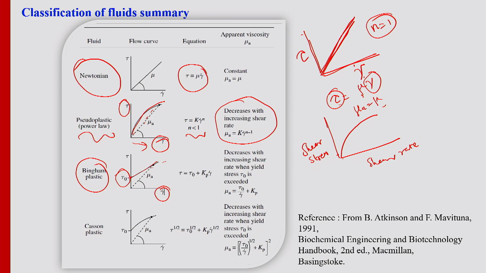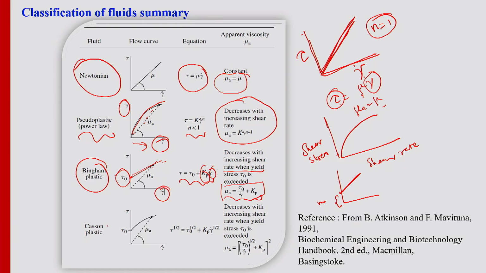Up to that point it behaves as non-Newtonian, but once you reach this point, it behaves as Newtonian fluid. The equation is tau equals tau naught plus Kp gamma, where gamma is the shear rate. This is the equation for apparent viscosity, which we can get from here. The first point: apparent viscosity mu A equals mu.